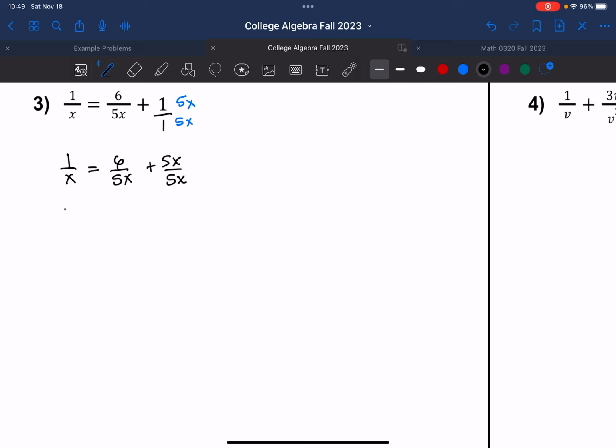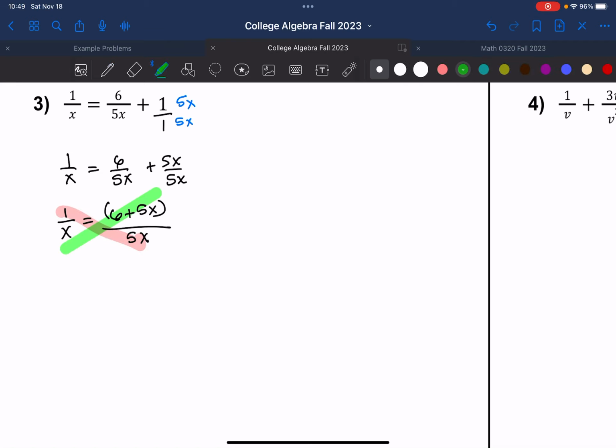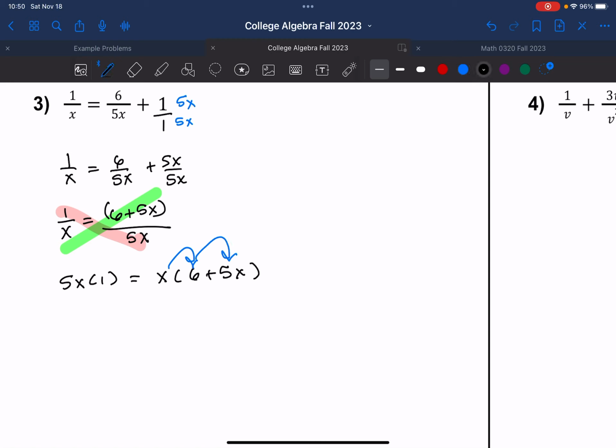Combining like terms, I have 1 over x is equal to 6 plus 5x over 5x. Now I have a fraction equal to a fraction, so I'm going to cross multiply. So I have 5x times 1 is equal to x times 6 plus 5x. That x outside of the parentheses tells me I'm going to distribute. So I have 5x is equal to 6x plus 5x squared.